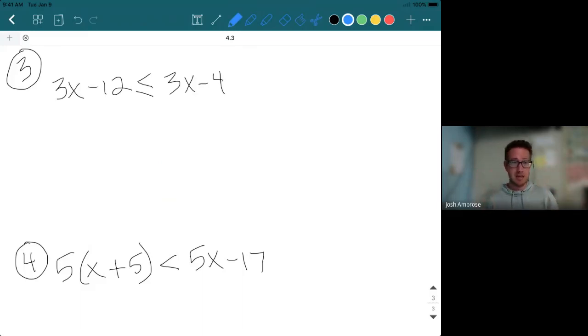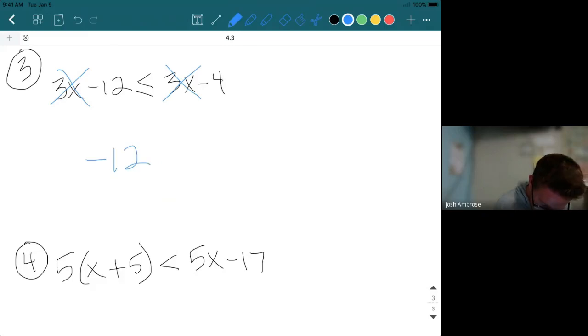If that's your case, right off the bat, they will cross each other out. All right, because if you have a 3x and you move a 3x over, then it will say 3x minus 3x. That's 0. So if you know that right up front, that drops out, then here's what you're left with. You're left with a -12 is less than or equal to a -4.